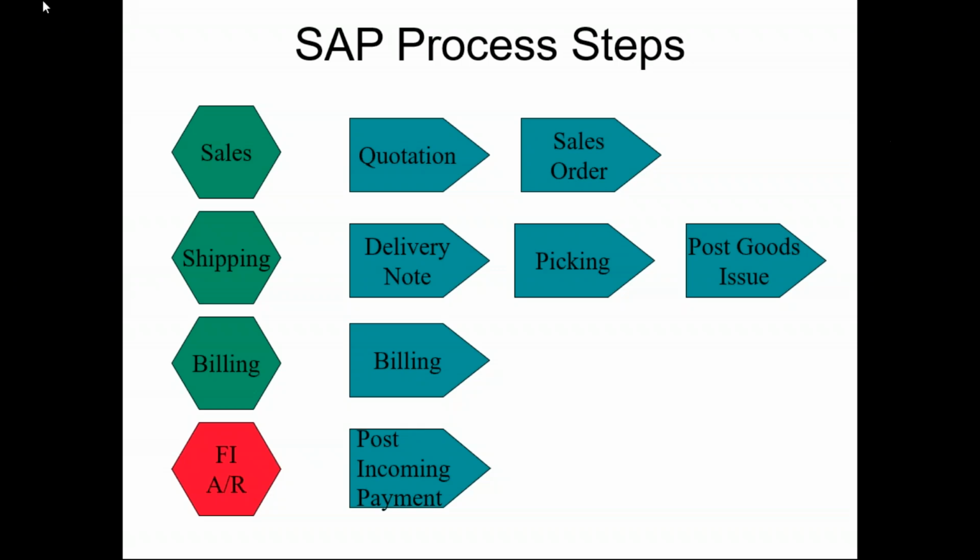So here there are mainly three departments: sales, shipping, and billing. What is sales, what do we do? As part of the sales process, we talk about enquiry, quotation, and sales order.